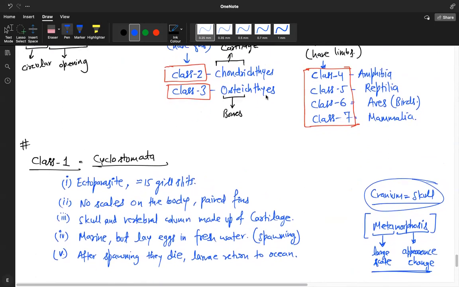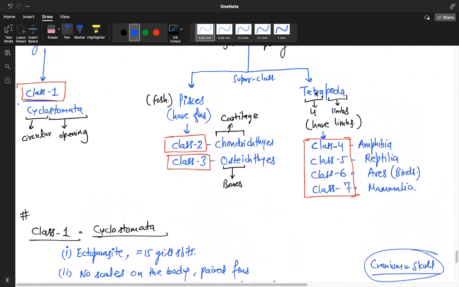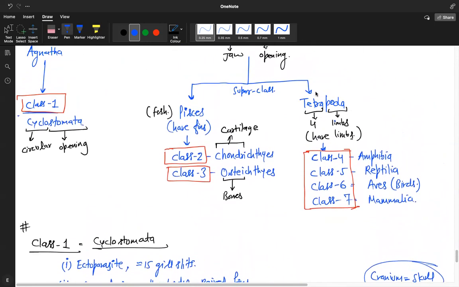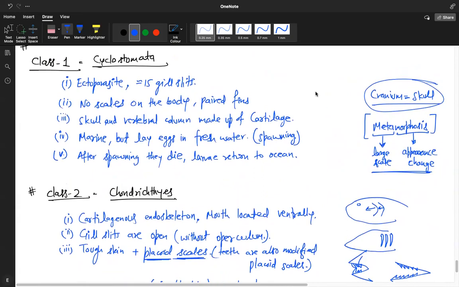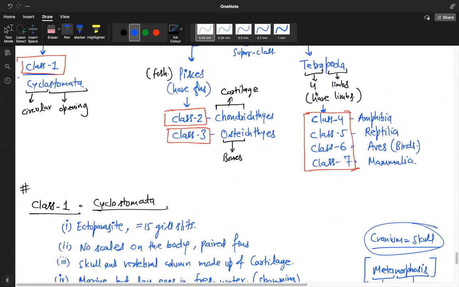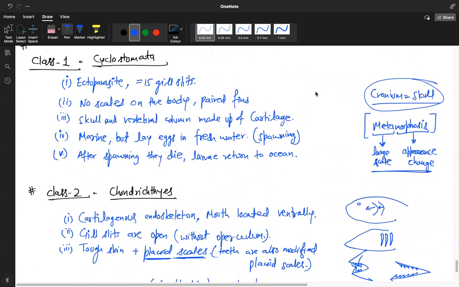So you have to do osteichthyes in fish, and then amphibia, reptilia, aves, mammalia, and tetrapoda. But stick to the 5 rule, okay? So this is your homework from osteichthyes to mammalia, and we'll discuss it in the next class.